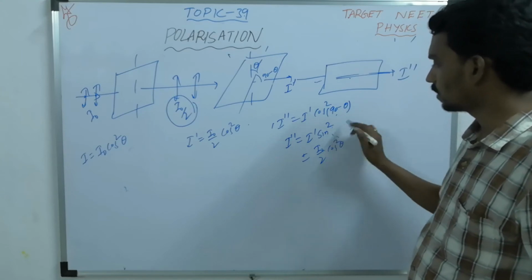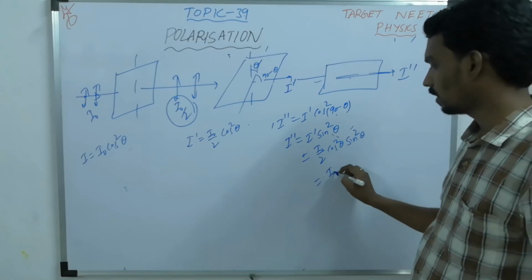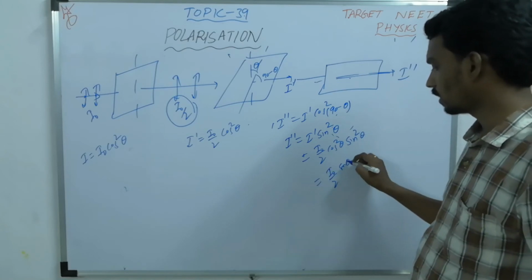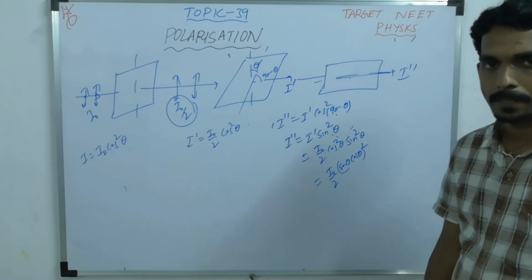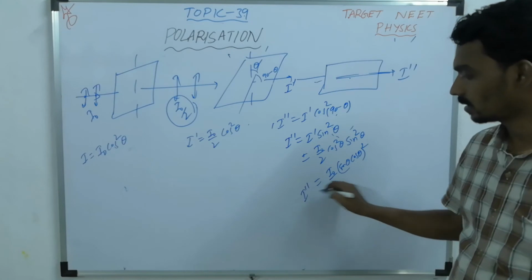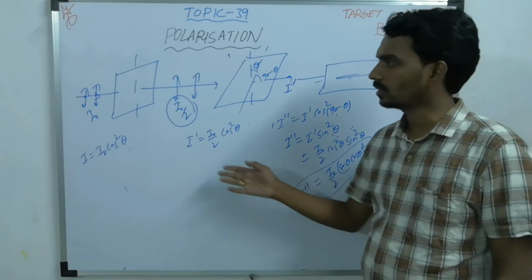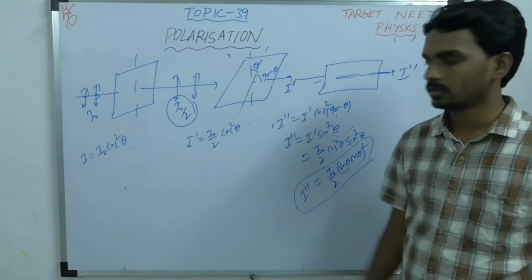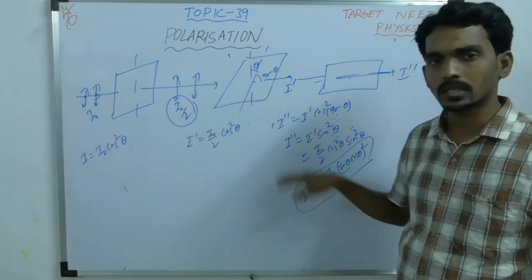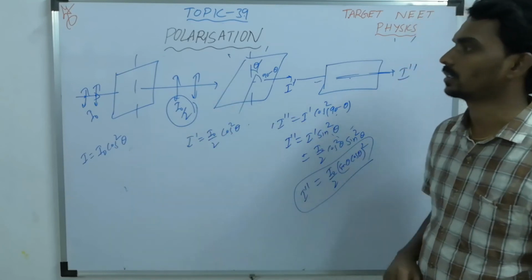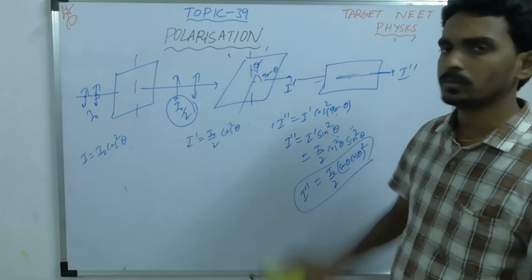I dash falls on the next one, and the emerging intensity is I double dash, which equals I dash cos square of 90 minus theta. Cos of 90 minus theta is sin theta, so this is sin square theta. So I double dash equals I naught by 2 times sin theta cos theta whole square. This is the intensity coming out. In the question they can give values like theta and I naught so that you can substitute and calculate. This is one basic and important model based on polarization.